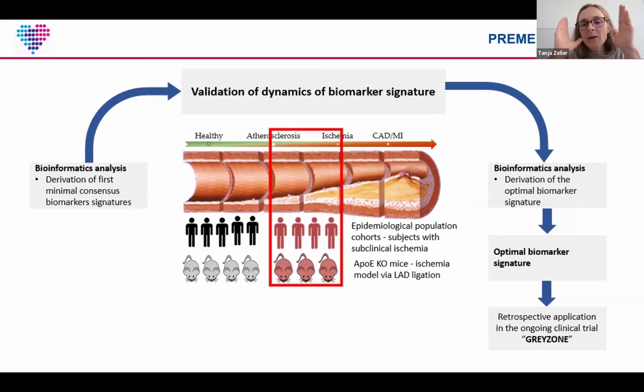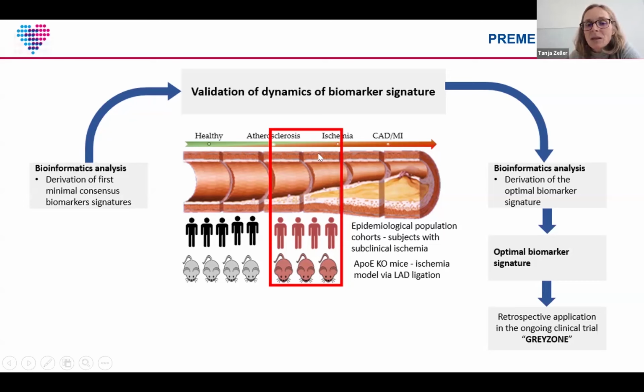Here we wanted to identify a dynamic omics signature, which might identify people at risk for myocardial infarction at a very early phase, who do not have myocardial infarction, but are at the point where the oxygen is reduced within the cells, so they have an ischemia, and whether an early treatment might be good, and the early identification of these subjects based on multi-omics analysis.